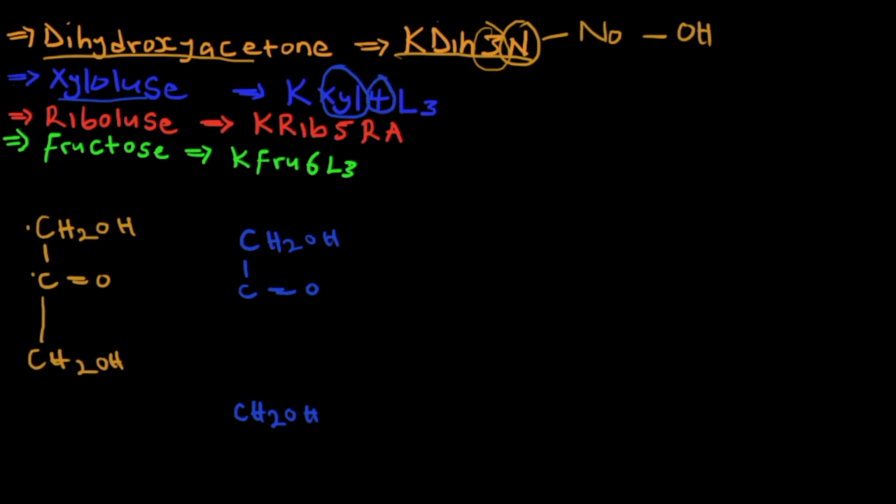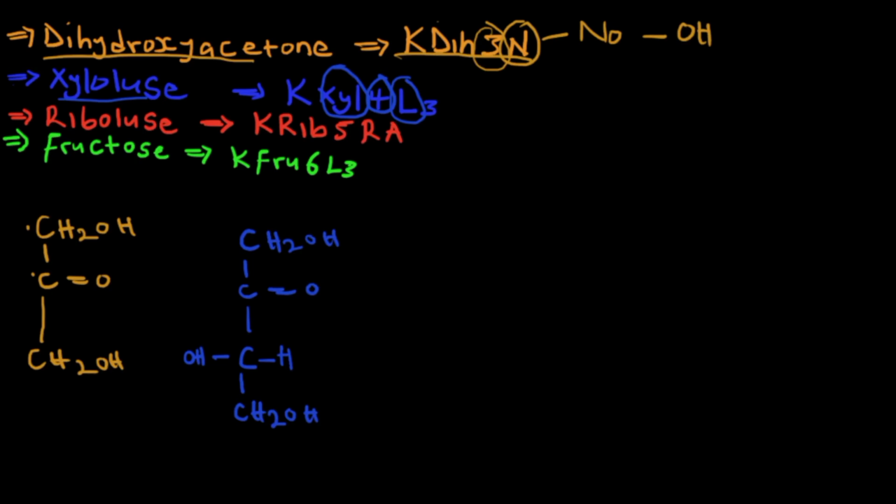So I have 1, 2 already, then I need 3, and then join this. Then the position of difference, L3, means L, left, at carbon number 3. So at carbon number 3 I have OH to the left, and I know automatically that if there is any remaining OH, it is to be on the right, and in this case there is none, so this position will be filled by hydrogen.